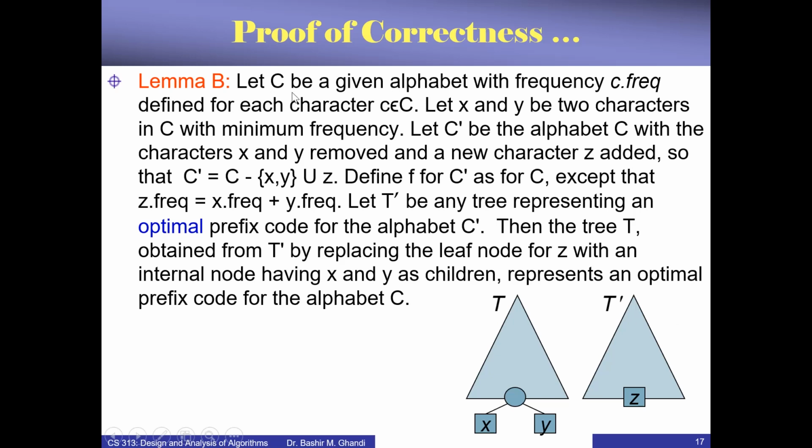Let C be a given alphabet with frequency C.freq defined for each character in the alphabet. Let X and Y be two characters in C with the minimum frequency. So we're going to assume X and Y are the deepest, as you can see here.